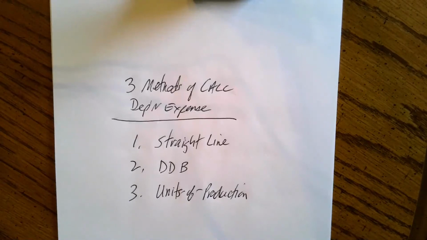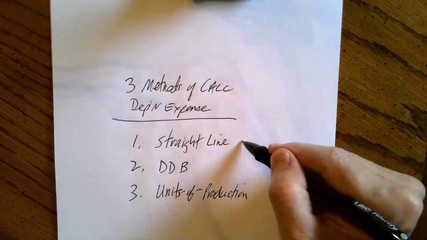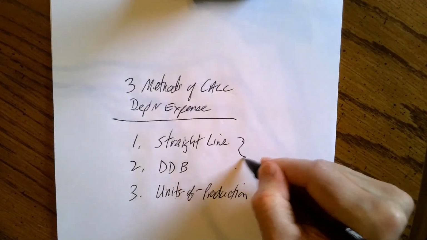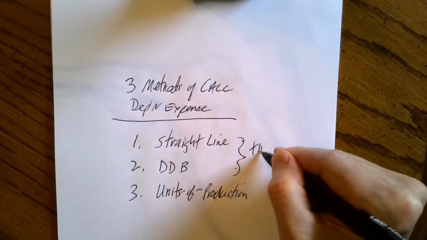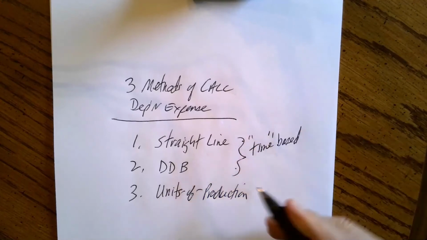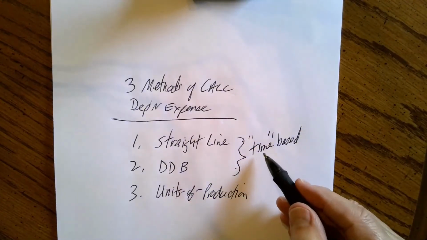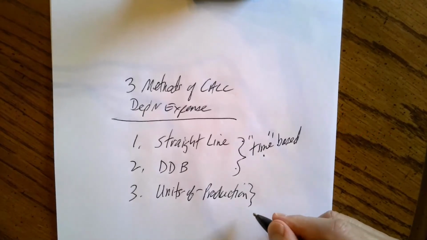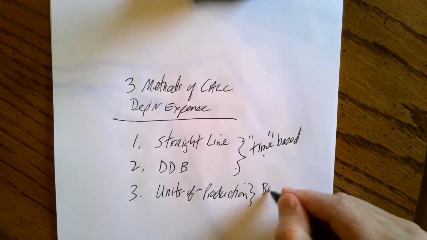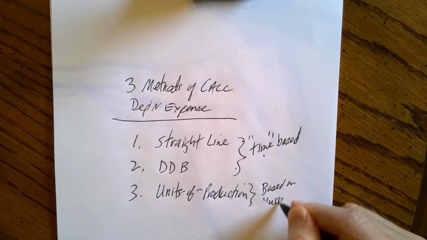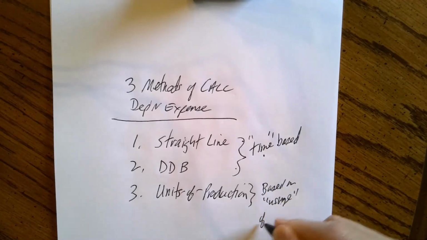Of the 3 methods of calculating depreciation expense in this chapter, the straight line method, the easiest, double declining balance, the most complex. Both of these are time-based, depreciated over its useful life. Units of production is not time-based, but it's based on usage of the plant asset.